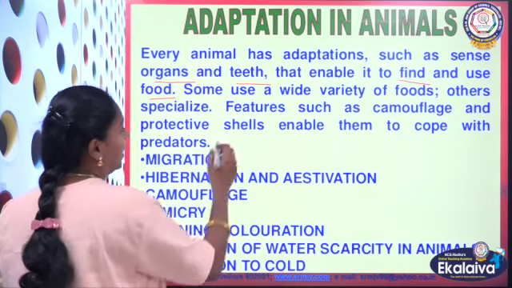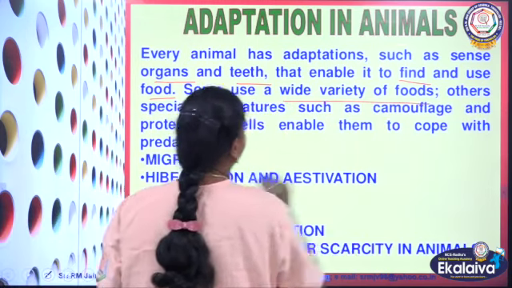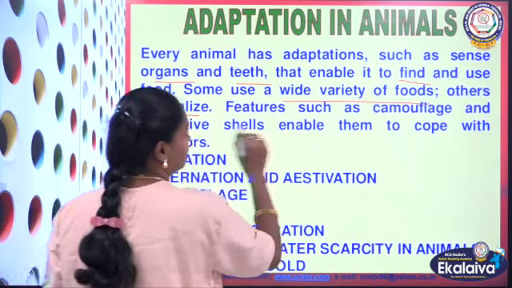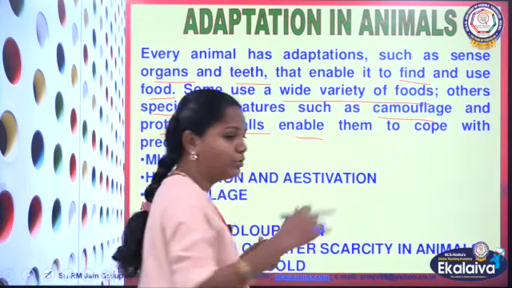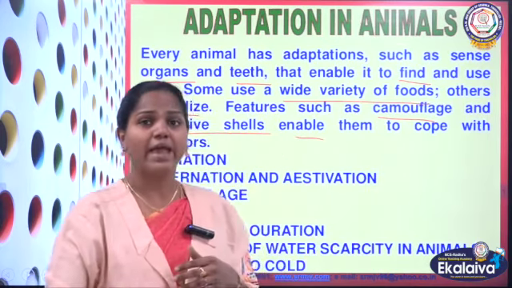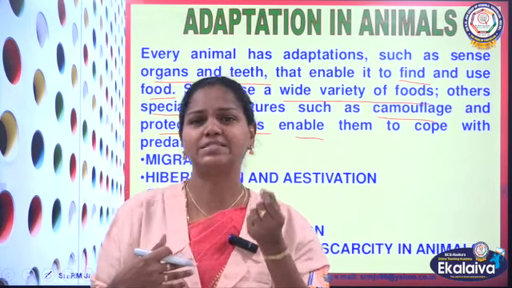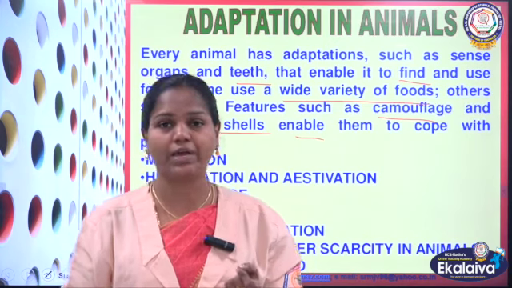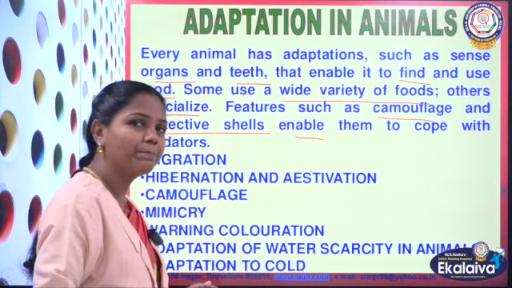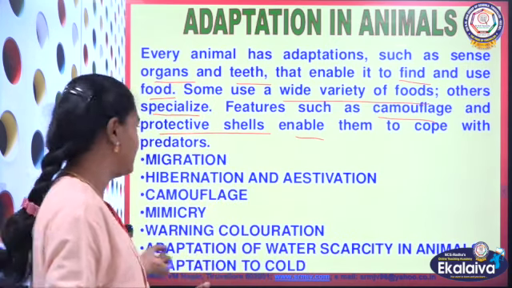Some use a wide variety of foods, others are specialized, and features such as camouflage and protective shells enable them to cope with the changes in the environment. These are a few examples of how organisms adapt to the condition. We will discuss some important adaptations in animals.